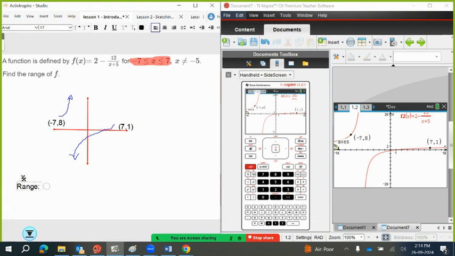So for the trace, you press 5, and then 1. And then minus 7. Enter. Press enter twice. Then type 7. Enter twice. Then escape.